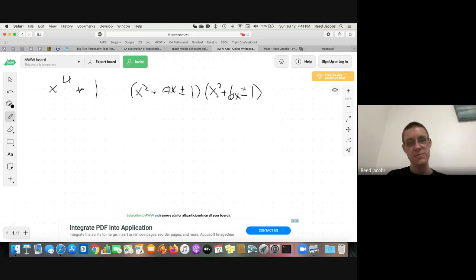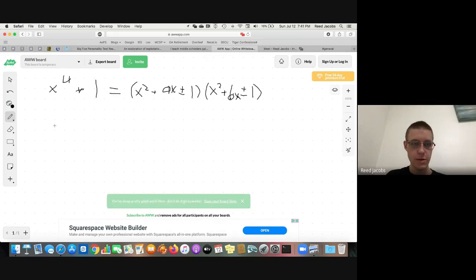When we multiply these polynomials, the cubic terms will come from x squared and bx, and from x squared and ax, which means that the cubic term is a plus b times x cubed. And that means that a plus b has to be 0, since this polynomial has no cubic term. Which means that actually b is just negative a.